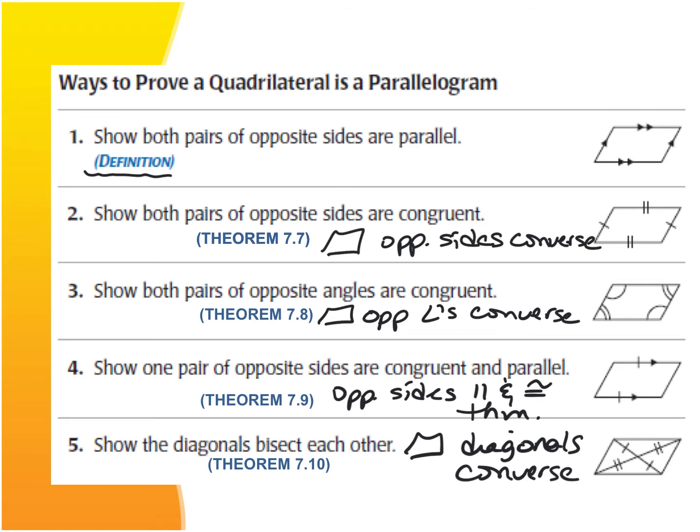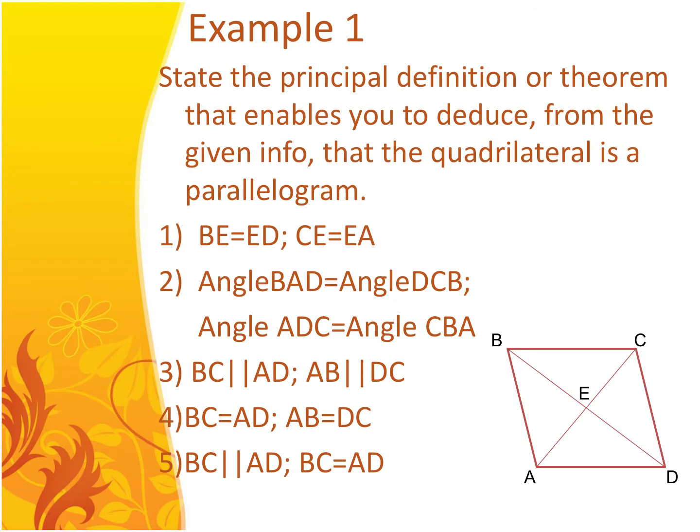So this is where we're going to start bringing in our proofs. And again, if you know these converses, the definition and this new theorem, then the proofs are not going to be that difficult. So if you know your properties, it won't be that bad. It says to state the principal definition or theorem that enables you to deduce from the given information that the quadrilateral is a parallelogram.